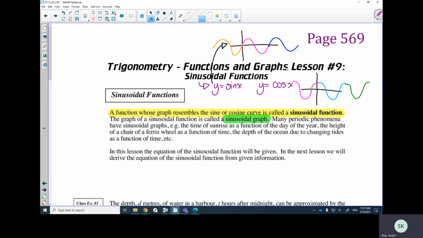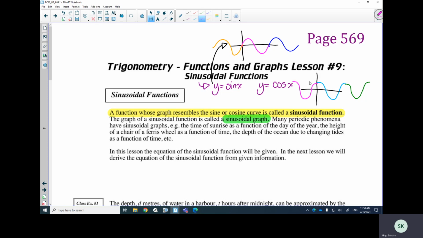I hope you're able to see that I could turn this sine graph into this cos graph by doing a phase shift. If I take this pink, this peak here would be at pi over 2, because we know that this is at pi. So if I do a phase shift pi over 2 radians to the left, I've just become a cos graph.